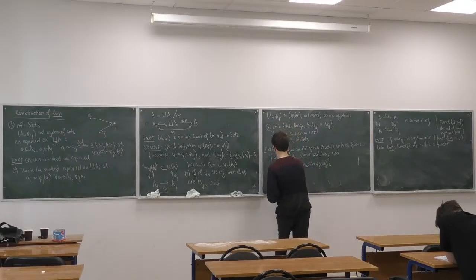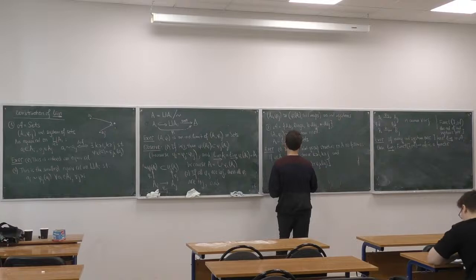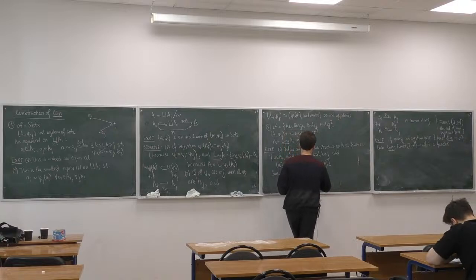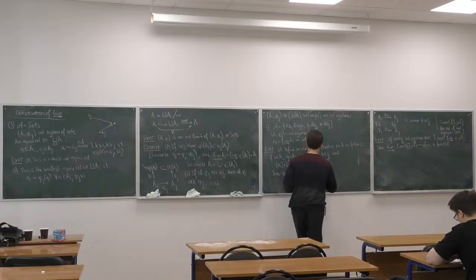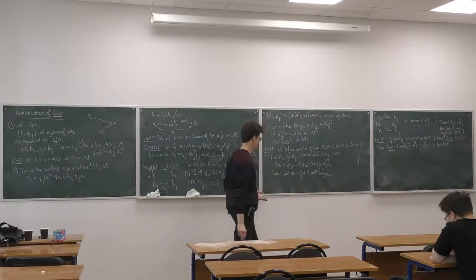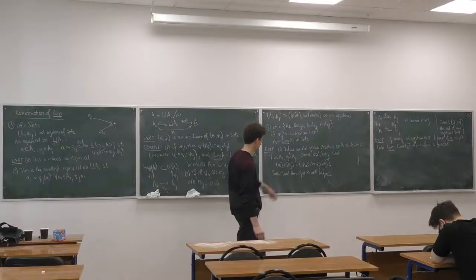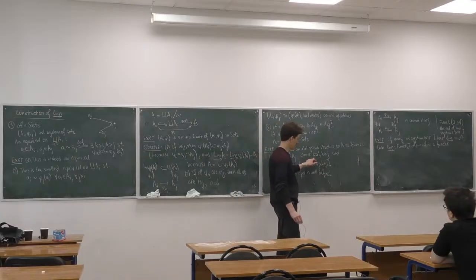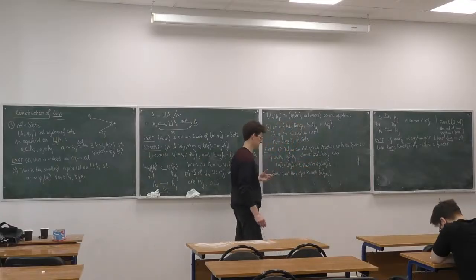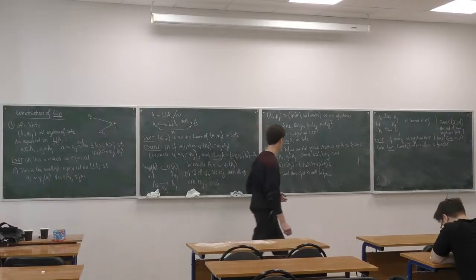So the exercise is to show that this operation is well defined. First of all, we have to show that the right-hand side doesn't depend on the choice of k. And second, show that the result doesn't depend on the choice of representatives in the respective equivalence classes.